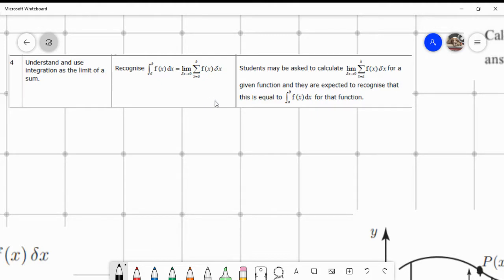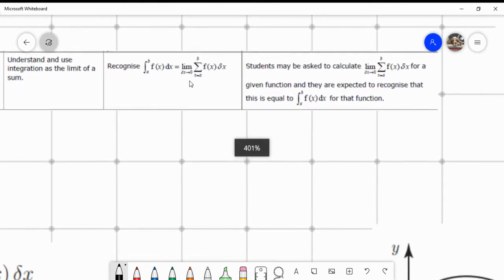I'll show you on the picture what I mean, as the width of each strip tends to 0. You may be asked to calculate the limit for a given function, and when it asks you to calculate this limit, they are asking you to simply find the integral.